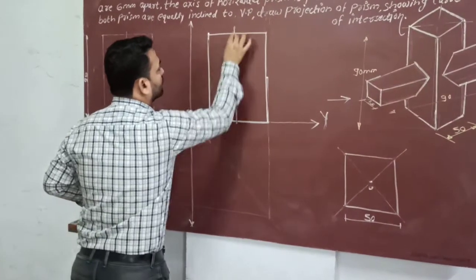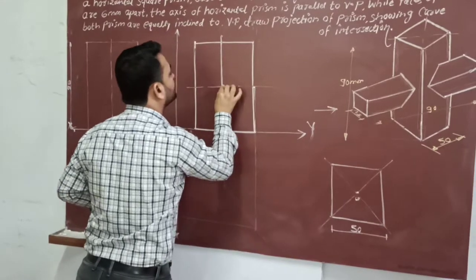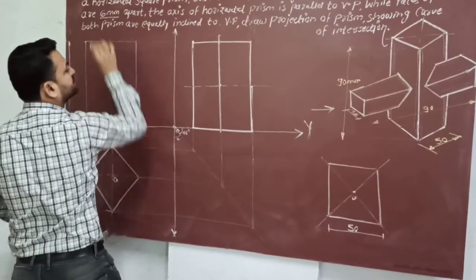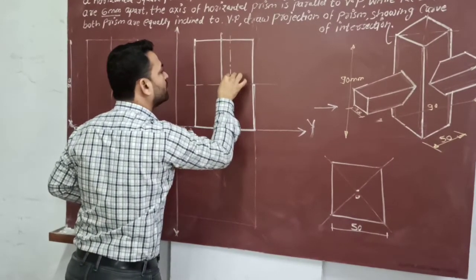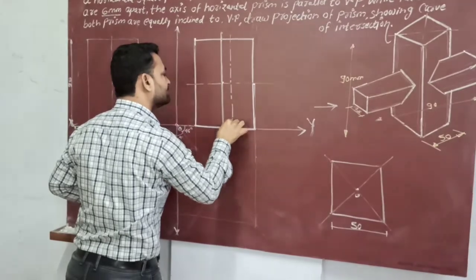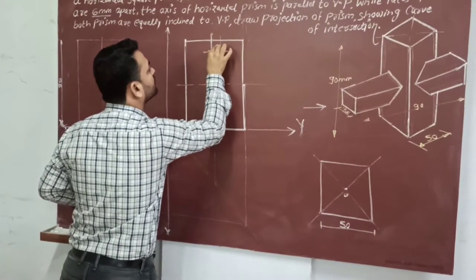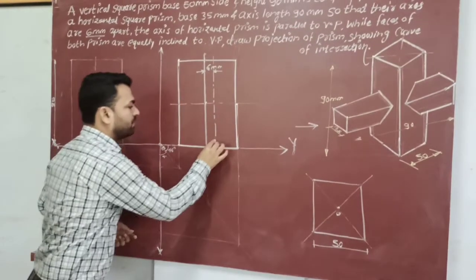As this is the axis, offset means you have to take the center point and the offset is 6 mm. 6 mm offset is given. Here I am going to draw an axis with 6 mm offset. This is the 6 mm offset condition as per the problem.